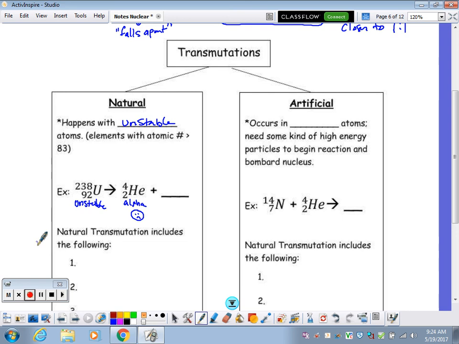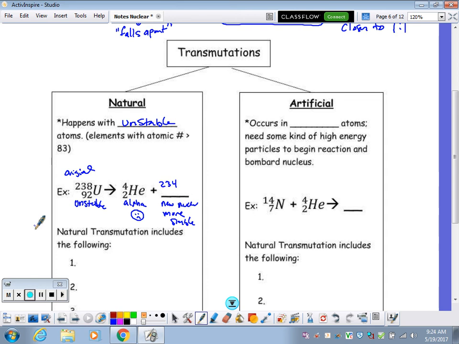But when the alpha particle leaves the nucleus, there is a new nucleus, and it's more stable than the original nucleus. So I'm going to write original here. Notice, we're going to use the idea of conservation of mass. The total mass on the left is 238. The alpha particle takes 4 of those AMUs with it, so the new nucleus's mass must be 234.